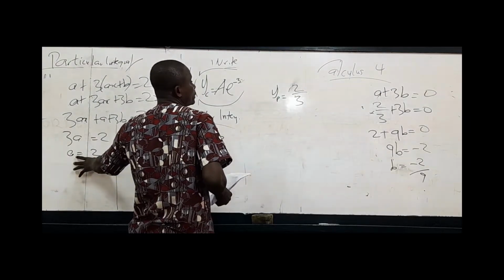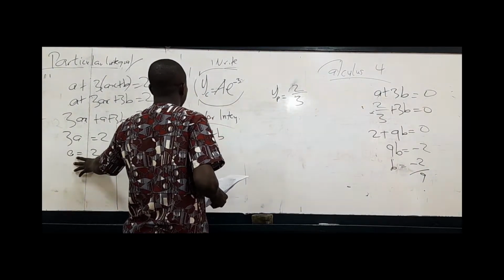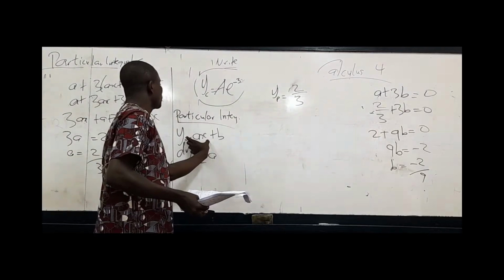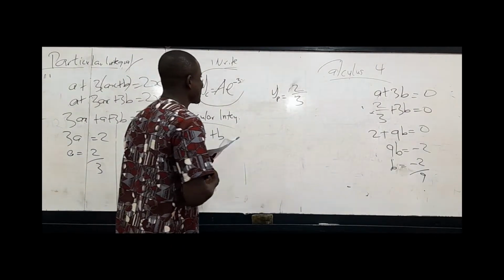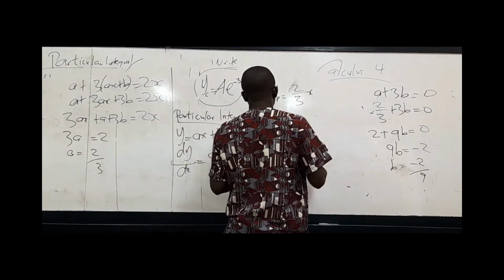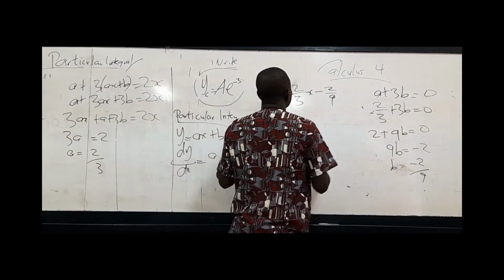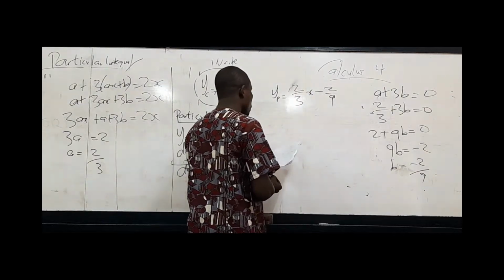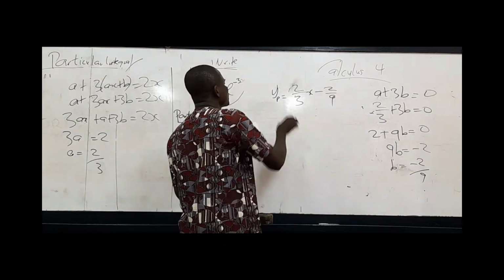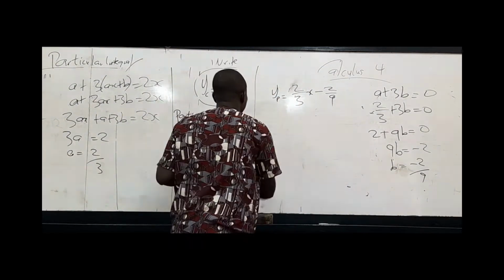This is our a, it is 2/3. Remember that we picked the y from here. So 2/3x plus b, where b is 2/9. So this is y particular integral, y particular.